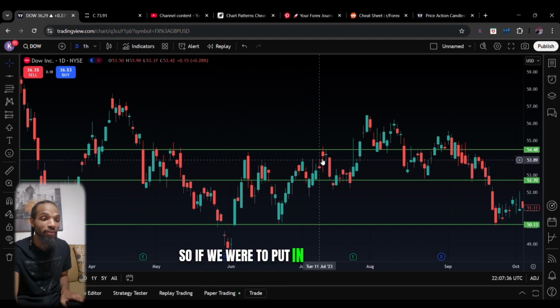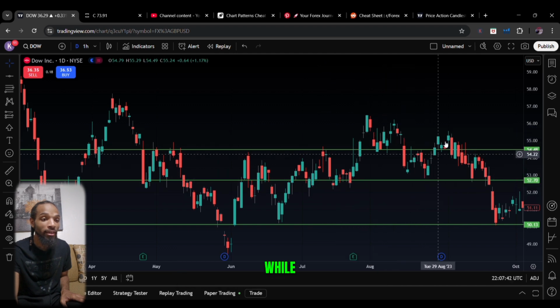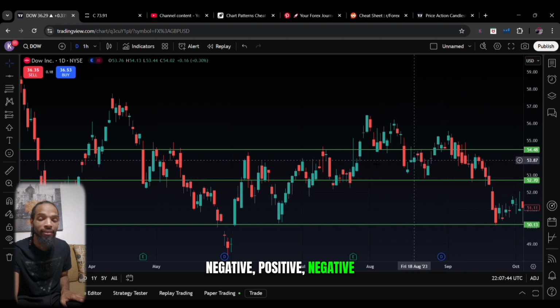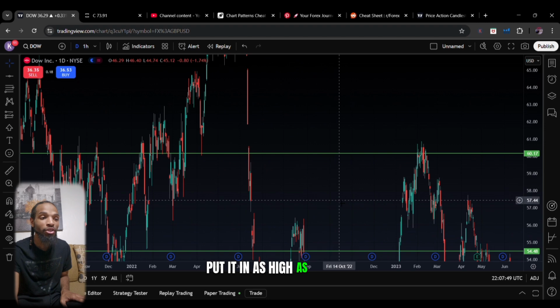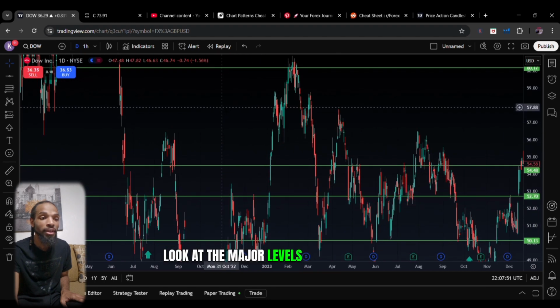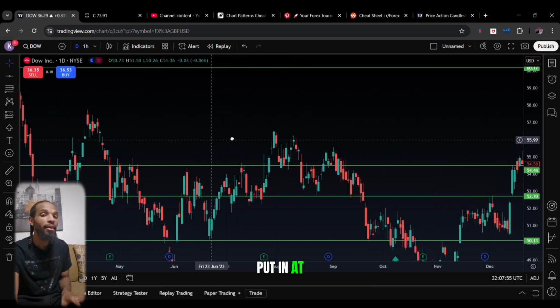So if we were to put in right here, we're positive, negative, positive for a little while, negative, positive, negative. You see what I'm saying? It's too much going on. Put it in as high as you can. Look at the major levels. And then always have an expectancy on where you wish to put in at.